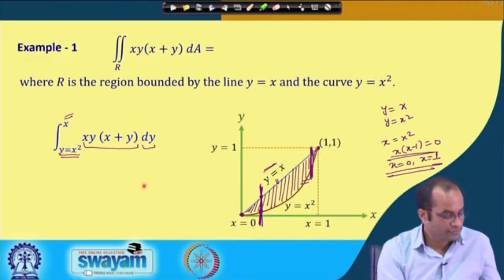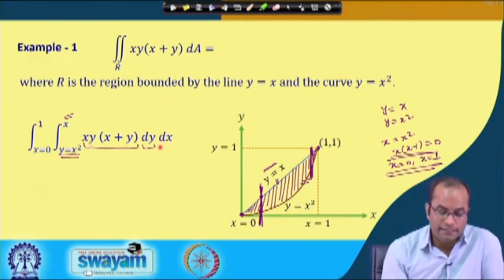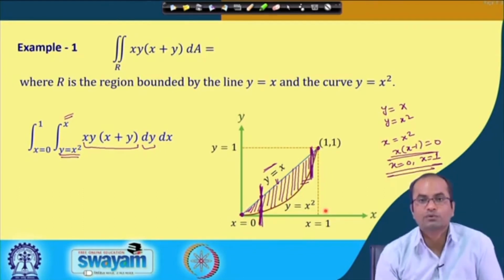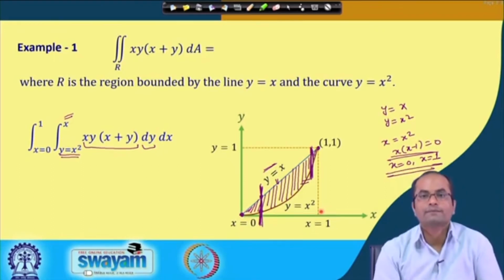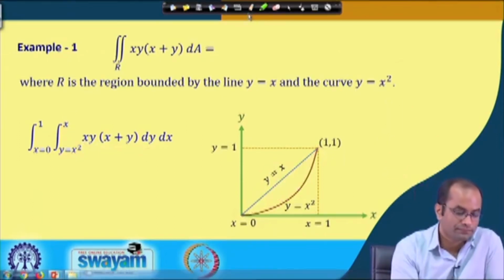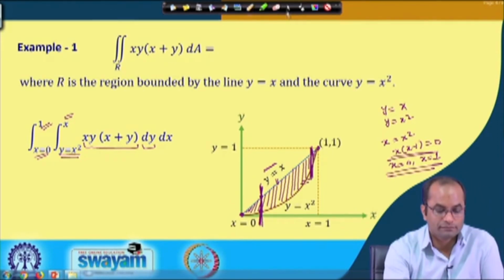Once we integrate this one, we then have to integrate with respect to x, and the x limits are clear because these lines which we have drawn go from x is equal to 0 to x is equal to 1, sweeping the whole domain. So, the limits for x are from x is equal to 0 to x is equal to 1.